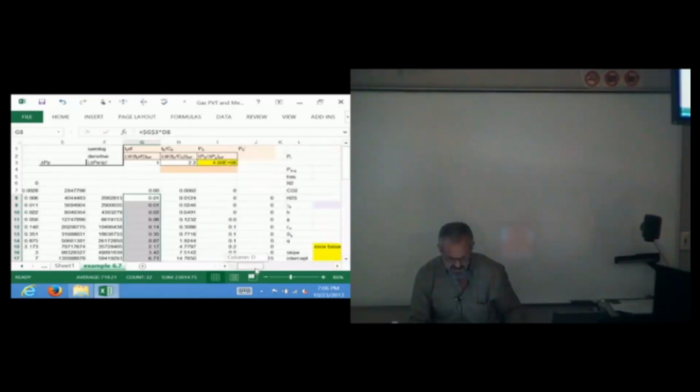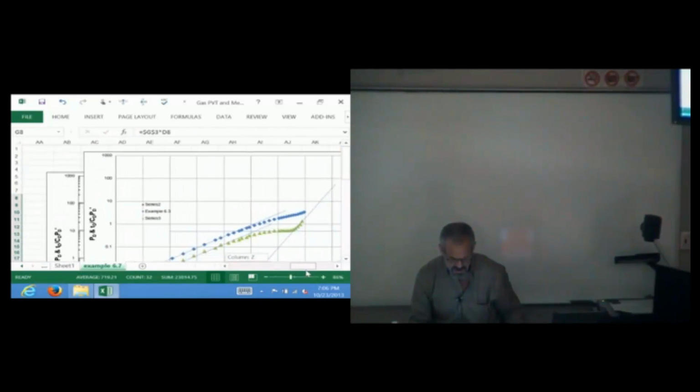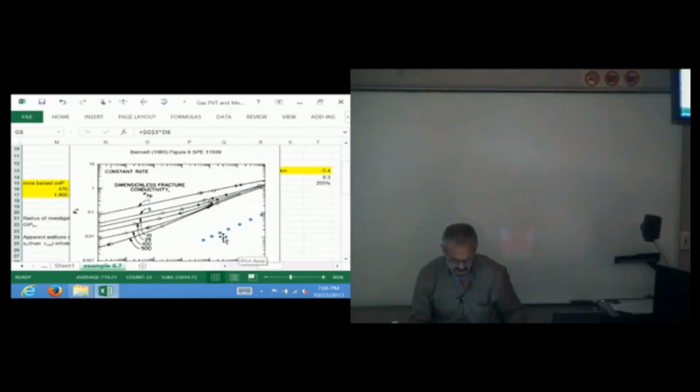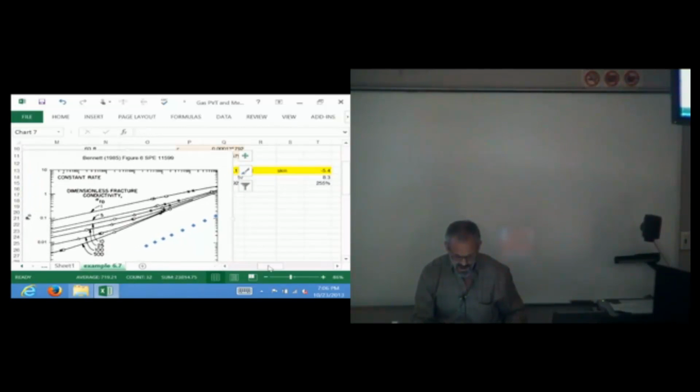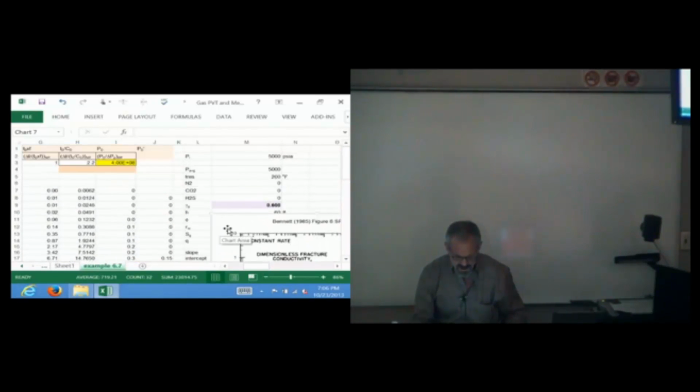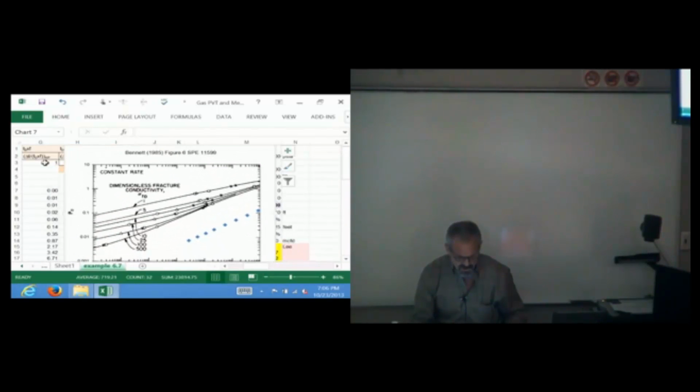So that's in column G. So I move my time from H to G. And now I've got to fiddle with it until I get a match. I started with 1. Looks like it's got to be smaller.